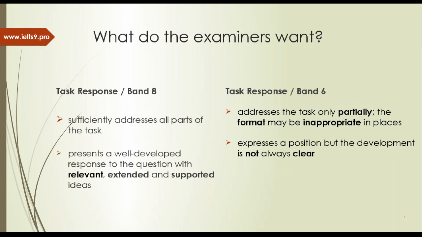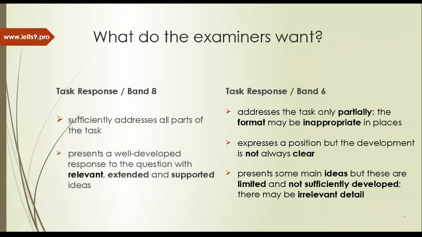If you compare 8 to a 6, band 6 only partially addresses the task. The format may be inappropriate and the position may not be as clearly developed as it could be. The main ideas could be limited, again, not sufficiently developed.